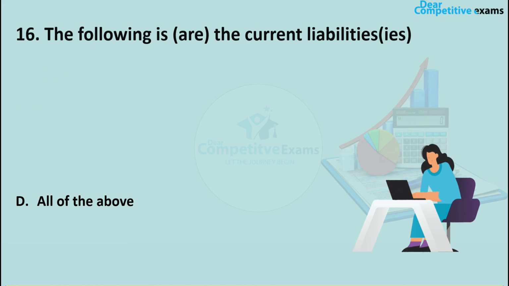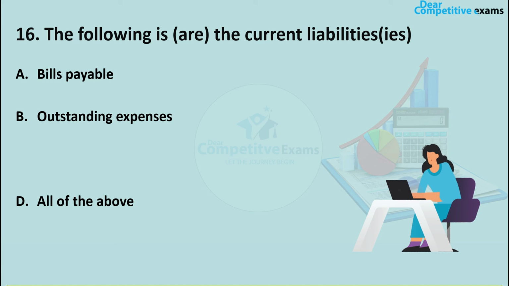Let's move on to question number 16. The following are the current liabilities: bills payable, outstanding expenses, bank overdraft, or all of the above. Among these, which is known as current liabilities?